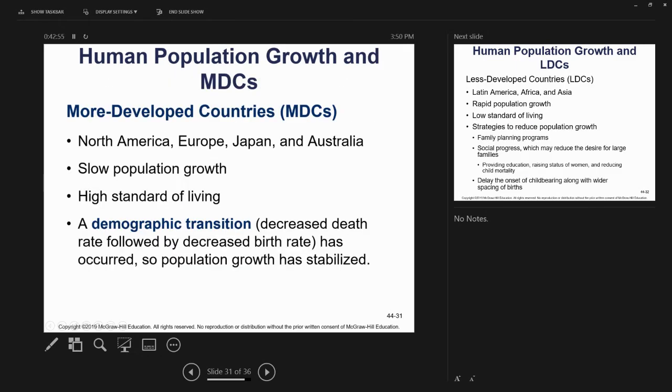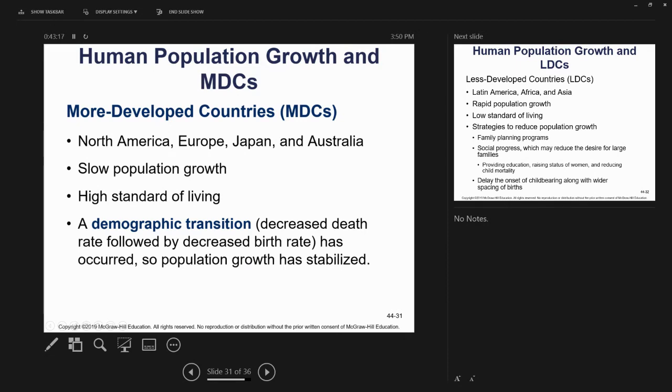If we look at areas, because that growth is not uniform throughout the world, more developed countries tend to have slower population growth. North America, Europe, Japan, Australia. These countries have a higher standard of living, lower population density. The resources that are available can be distributed between more people.